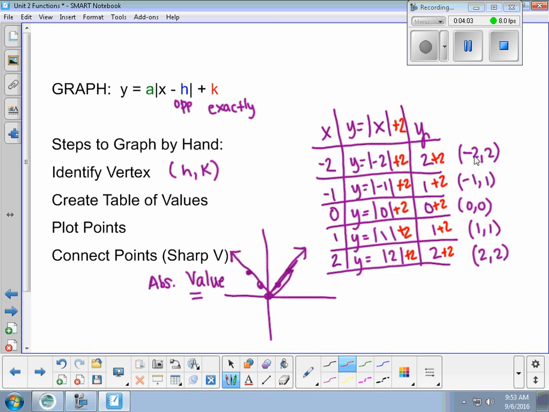I would have (-2, 4), (-1, 3), (0, 2), (1, 3), and (2, 4). So graphing those points would look like this. So it appears to me that graphing y equals the absolute value of x plus 2 raised my graph 2 units.